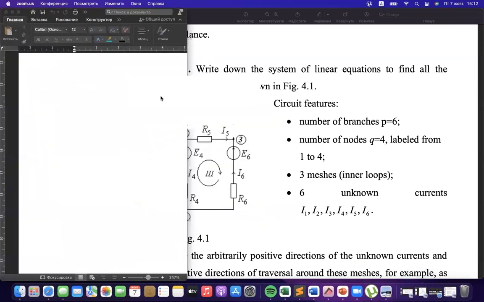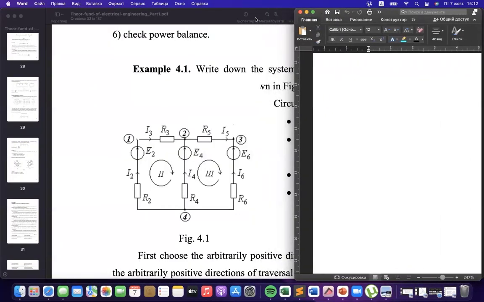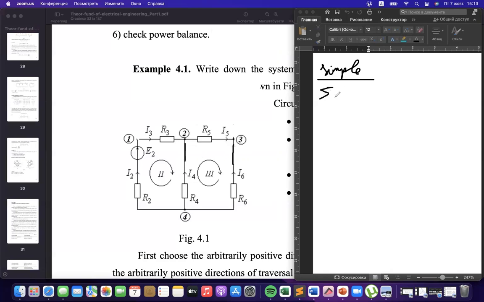How could it be found? If we have only one source, if it would be a simple circuit, if it would be a simple circuit that doesn't have other sources, only one source, a circuit like this, I said that for a simple circuit we could always find the equivalent resistivity, the total resistivity of this circuit.